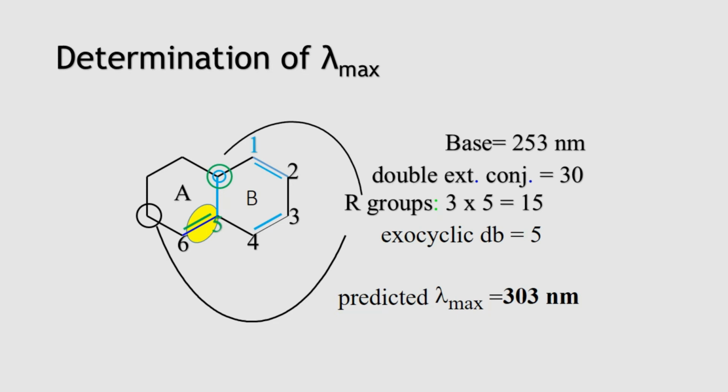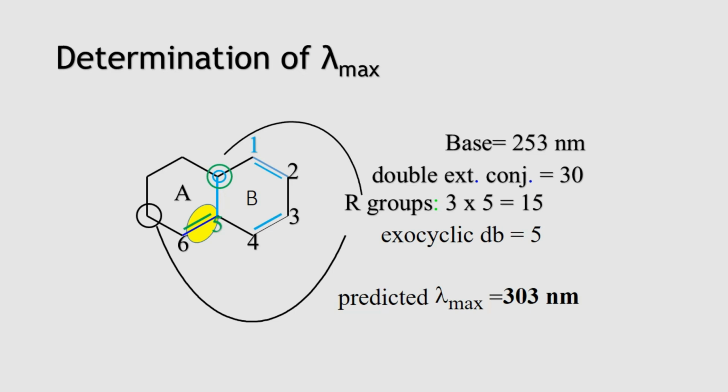For that we write 30 nanometer, because only one bond increases the conjugation effect, because for conjugation at least we require 2 double bonds present on alternate carbon atoms. So the third double bond in the conjugation extends the effect of conjugation, and only that bond we can consider. So here one bond is extra, and that's why we write 1 into 30, that means 30 nanometer.